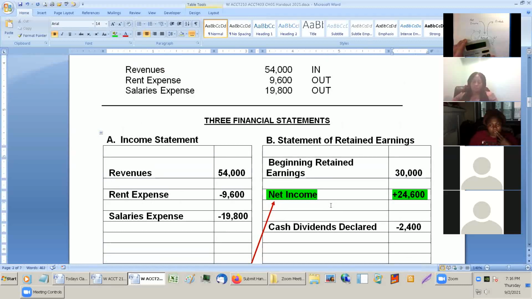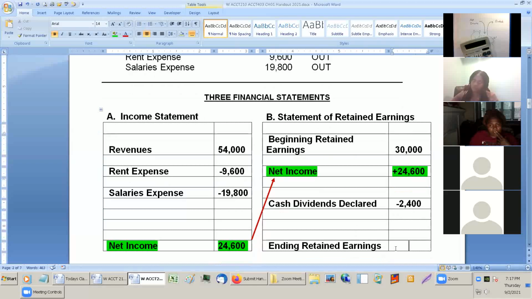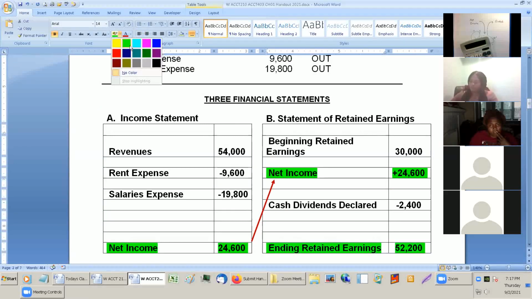So 30,000 plus 600 minus 52. Yep, that's what I got. So 52. So that is the ending retained earnings. So that's how much is in that piggy bank.